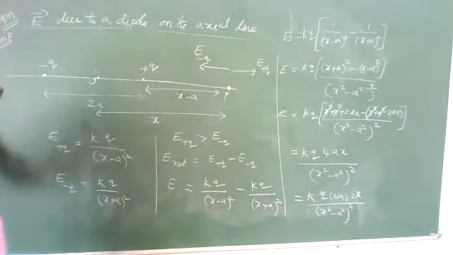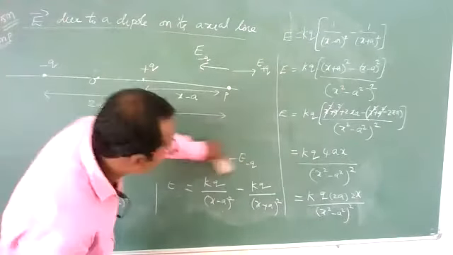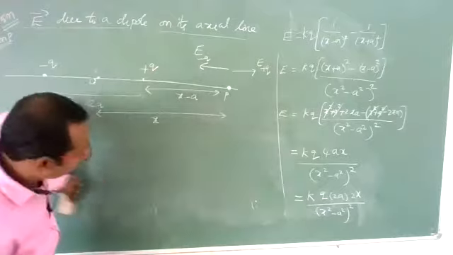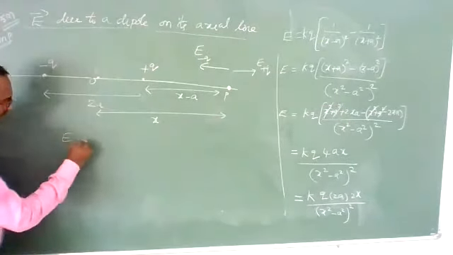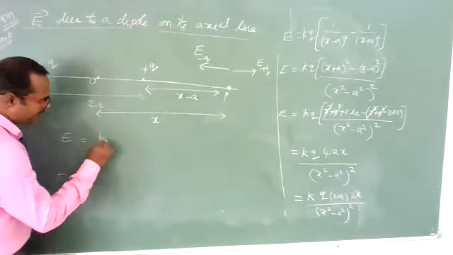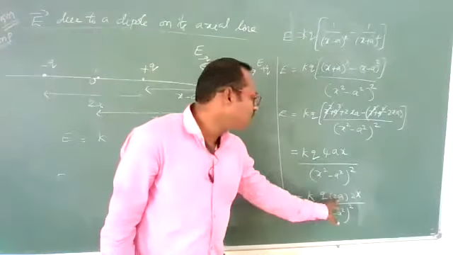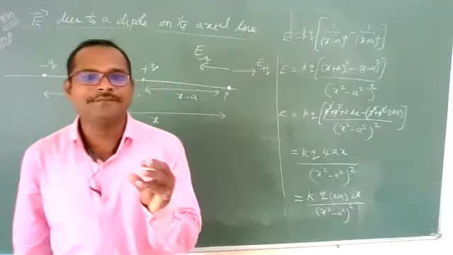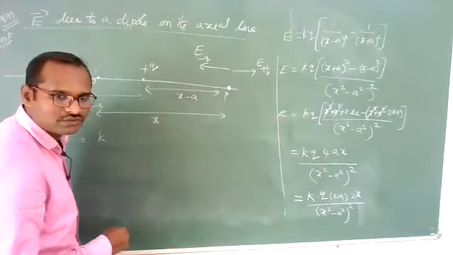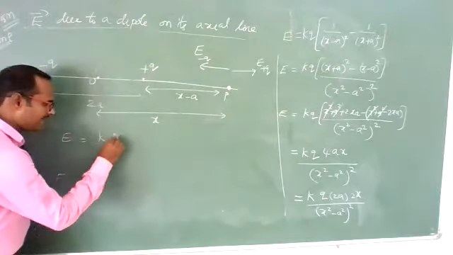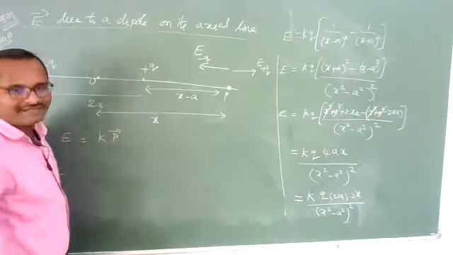So the net electric field E net will become K into Q into 2a. What is this? Electric dipole moment P, Q into 2a, I defined just now. P bar, a vector quantity, you know.